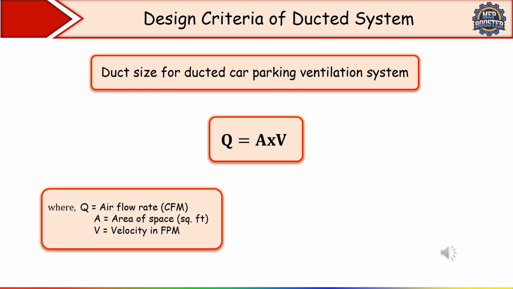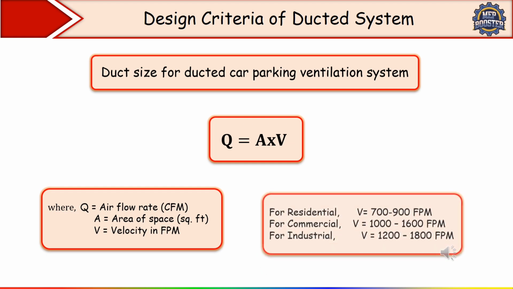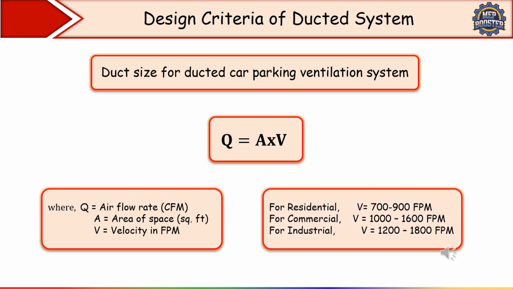Here it is written, where Q is the air flow rate in CFM, cubic feet per minute. It is the imperial unit of air flow rate. A is the area of space in square feet, and V is velocity in FPM, feet per minute. Now the question is how much velocity we have to maintain, at what velocity we have to flow the air.